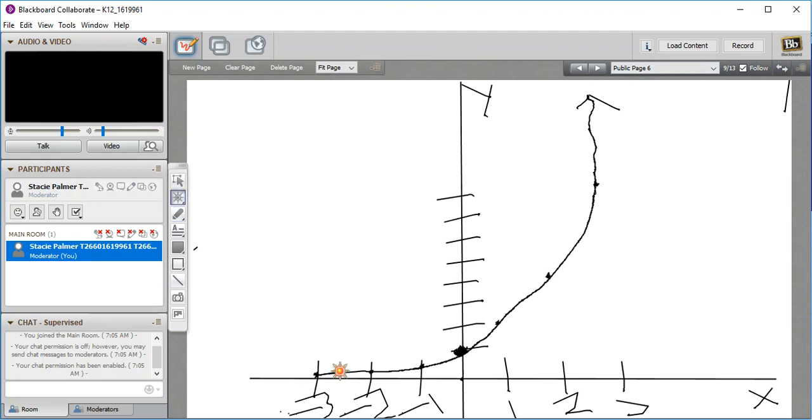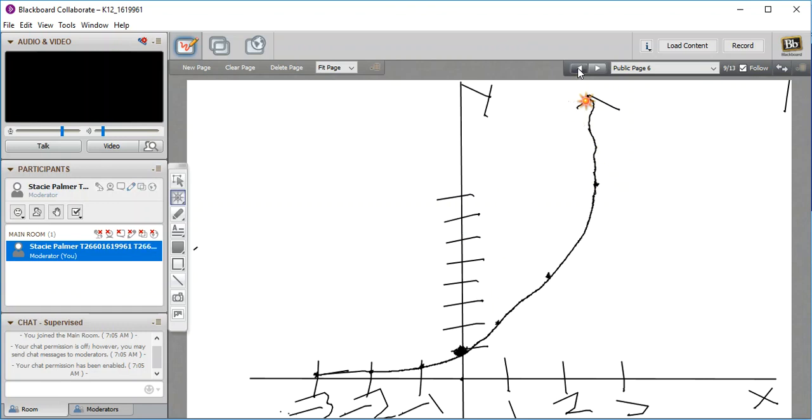One thing I want you to notice is that this line right here is approaching the x-axis, but it's never going to touch it. It just approaches it. And then as it moves to the right along the x-axis, we can see that it continues to go steeper and steeper here. So this would be increasing. It's increasing, isn't it?